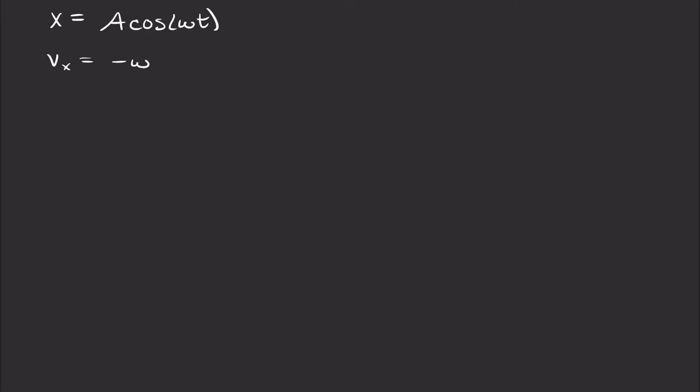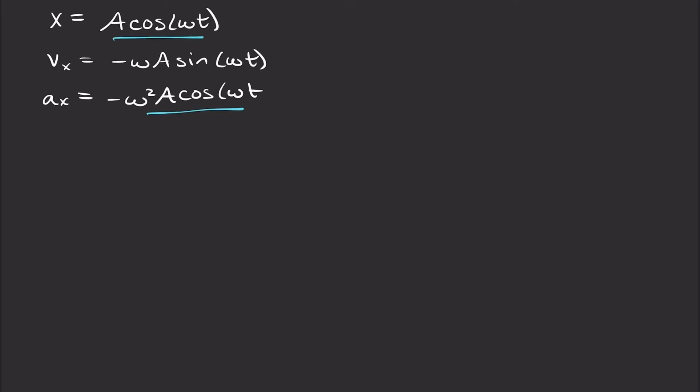Vx is minus omega A sine omega t, and ax is minus omega squared A cosine omega t. Or, as we just saw, since this is the same thing, the acceleration is minus omega squared times x.